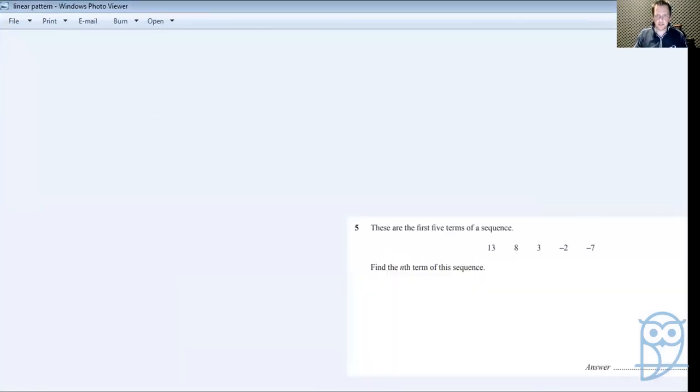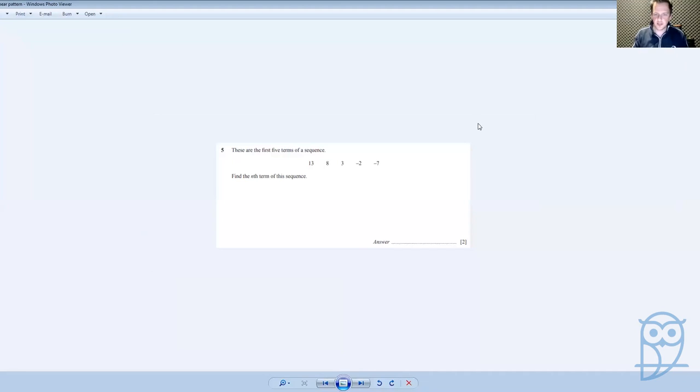So here is an example of a past paper question. And this says to you, these are the first 5 terms of a sequence. Find the nth term of this sequence. In other words, find Tn.